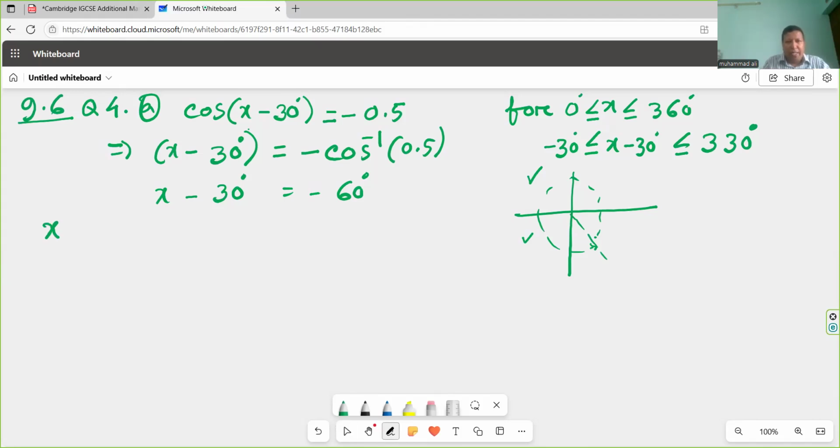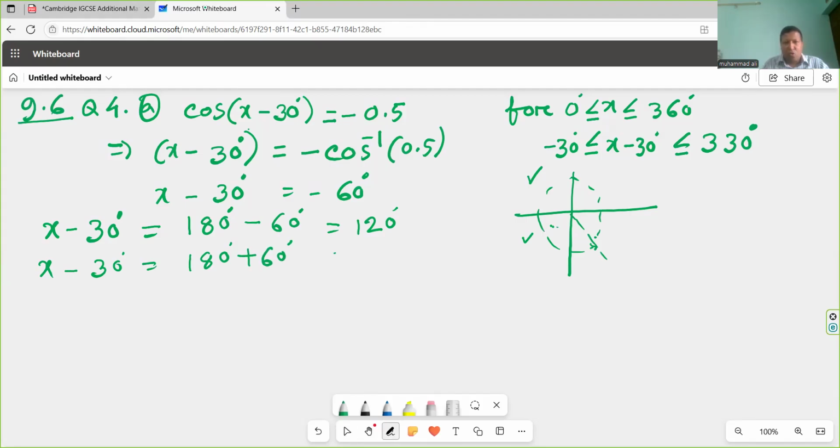If we want to get the result in the second quadrant, we have to subtract the acute angle 60 degrees from 180 degrees. So the result will be 120 degrees, and also we have to add 60 degrees to 180 degrees because this time it will come in the third quadrant. So the result will be 240 degrees.